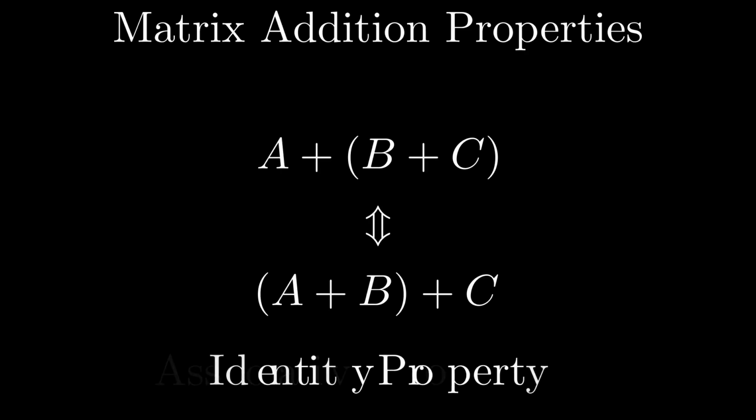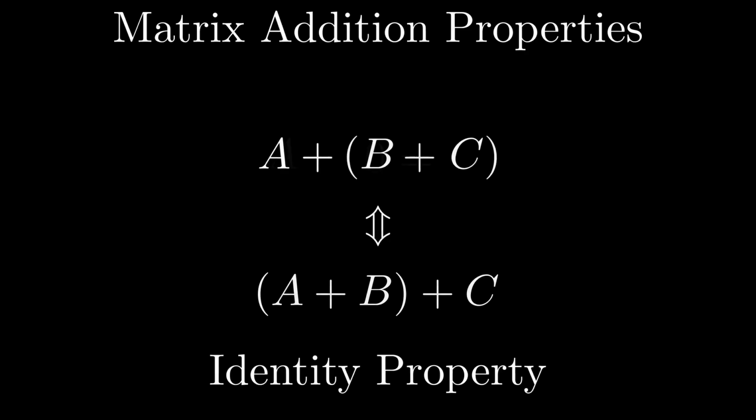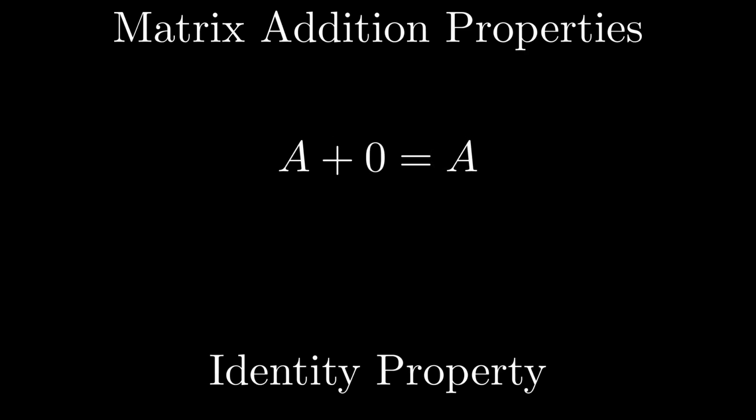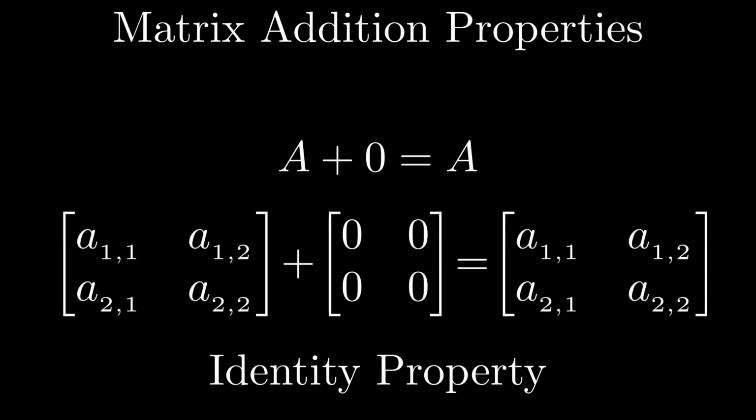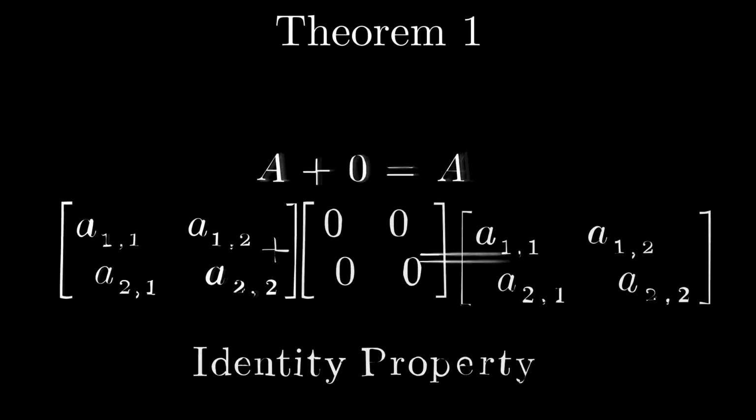Finally, matrix addition supports the identity property, where matrix A plus 0 equals A. In problems like this, 0 represents a matrix the same size as A, populated by zeros. We'll call these addition properties of matrices Theorem 1.